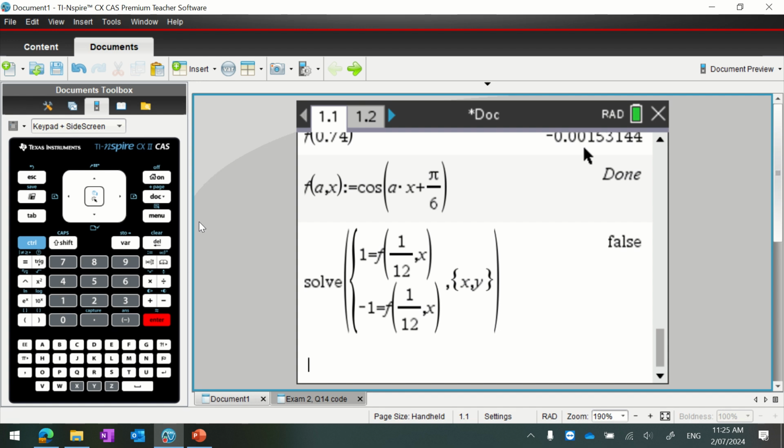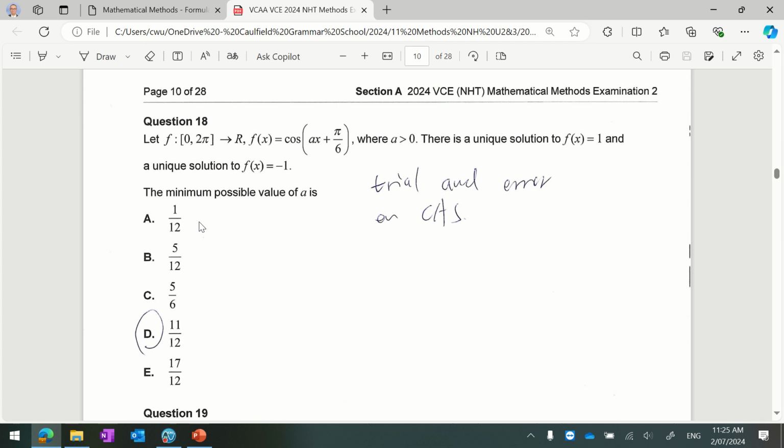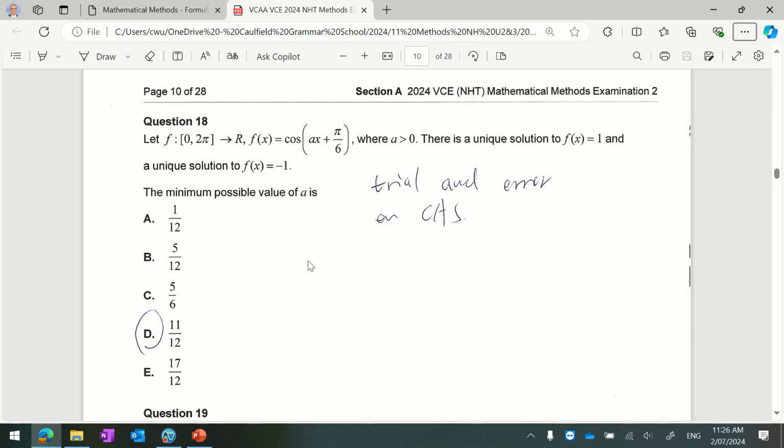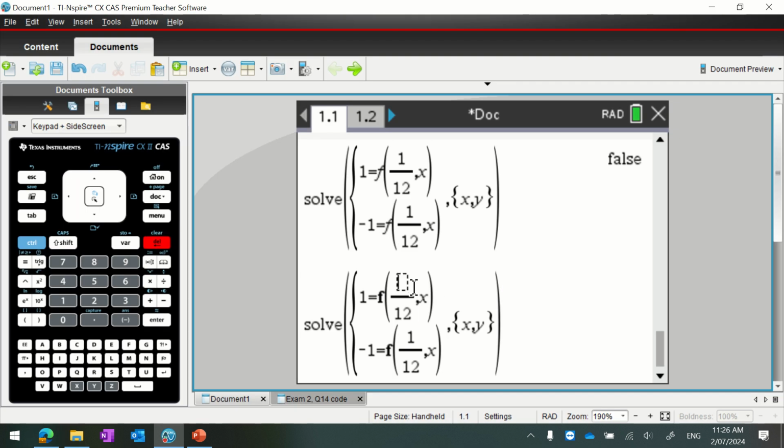And it says false. I'm not even putting in the domain here. So that didn't work, and so you keep trying.